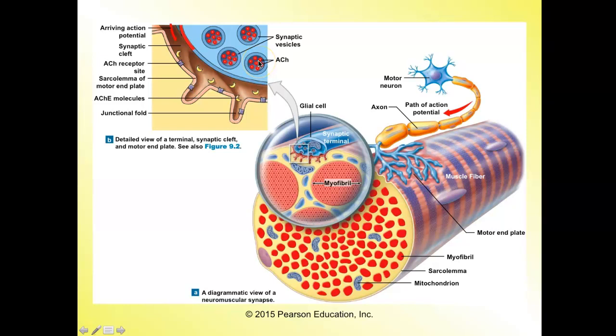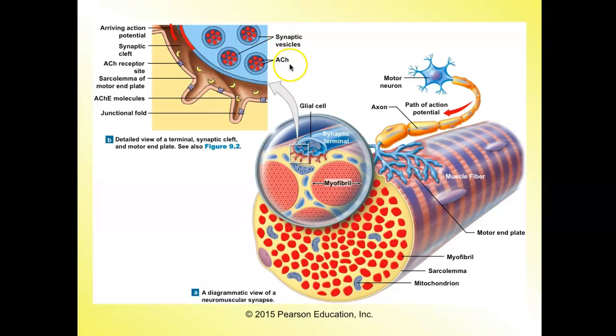So your nervous system talks to other tissues with chemicals, and those chemicals are called neurotransmitters. The neurotransmitters are stored in the synaptic terminal in little vesicles called synaptic vesicles. The neurotransmitter that's used for muscle contraction is acetylcholine.